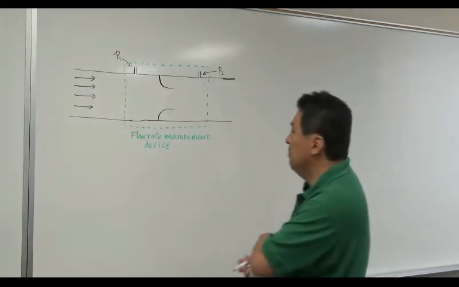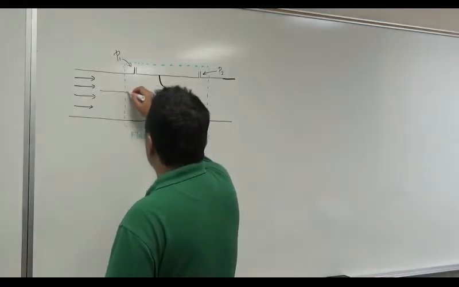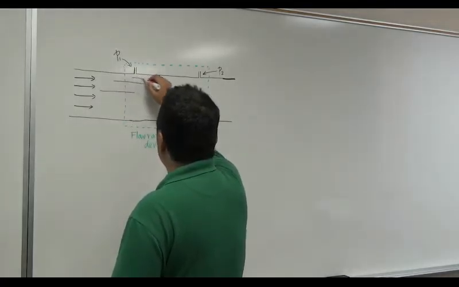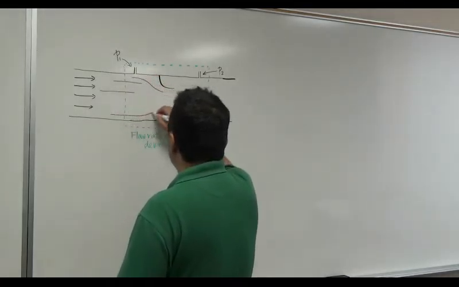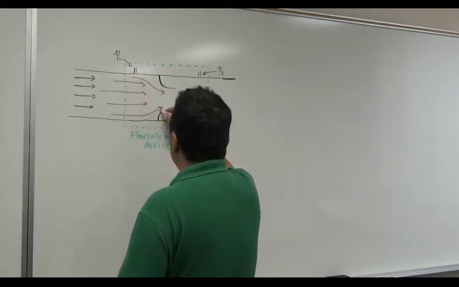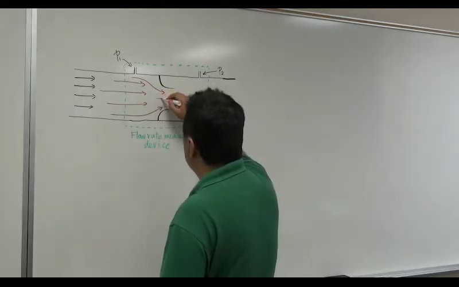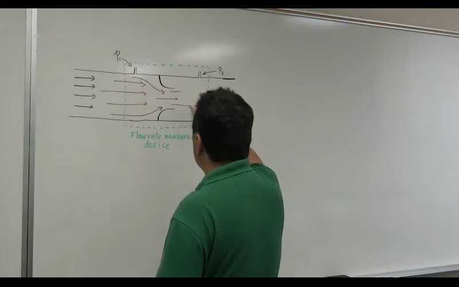What happens if you reduce the cross section? The incoming flow is going to be accelerated. The reason it is accelerated is because the cross section is reduced. As a result, you have accelerated flow.